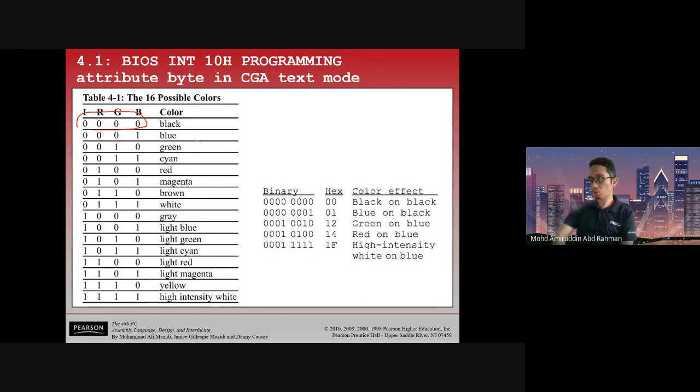So the code is similar. Let's say over here, 001 is green. On the lower bits, it is the foreground, and on the upper bits, it is the background.